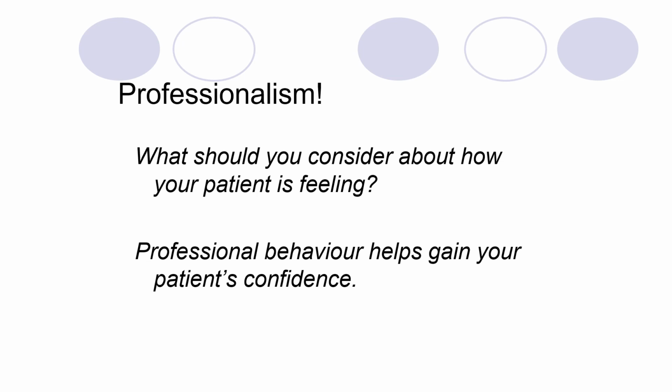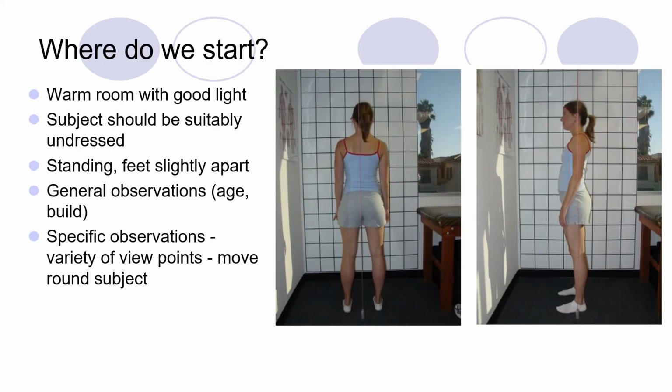Now, before we start any of our assessments, you must always be able to remain professional and to maintain it at all times. So we should always consider how your patient is feeling, and this will help them gain their confidence in you.